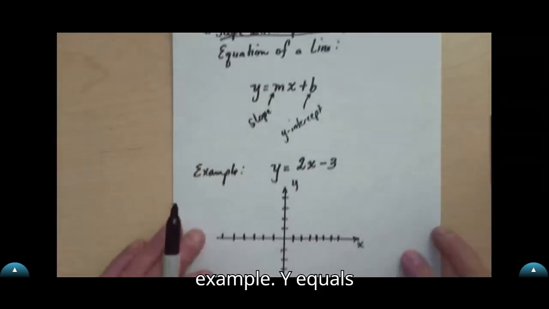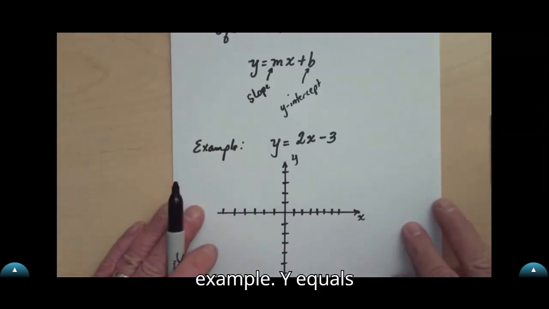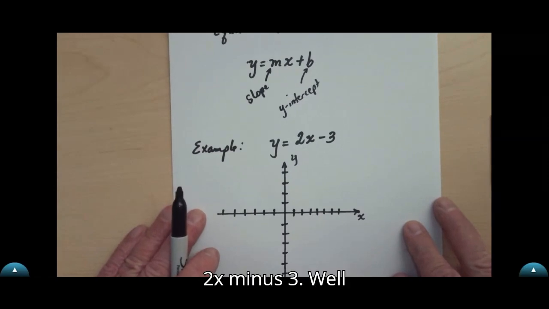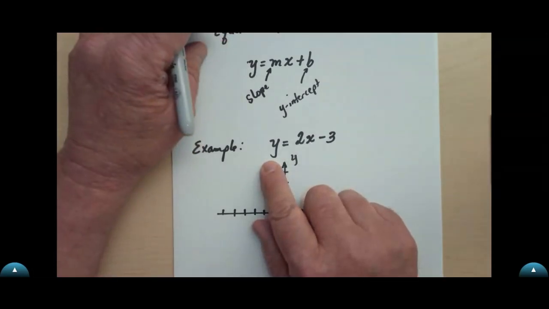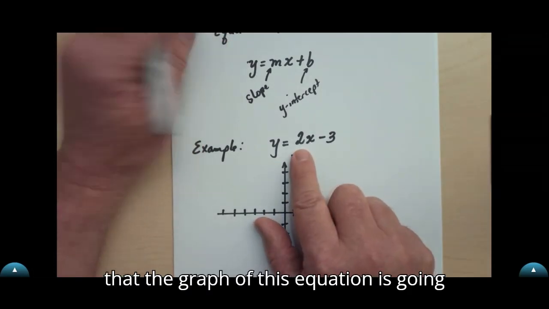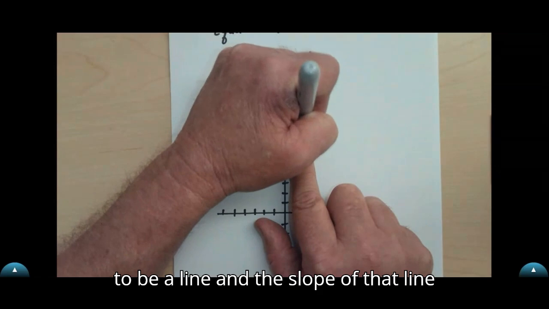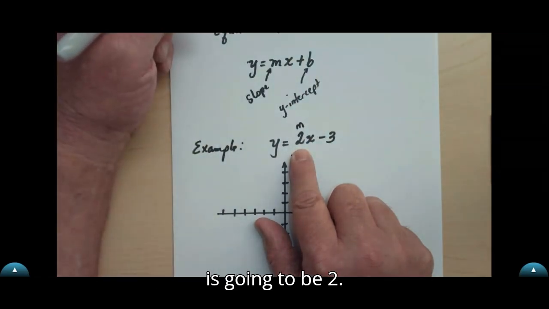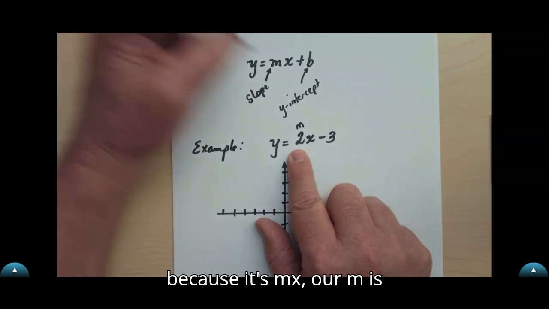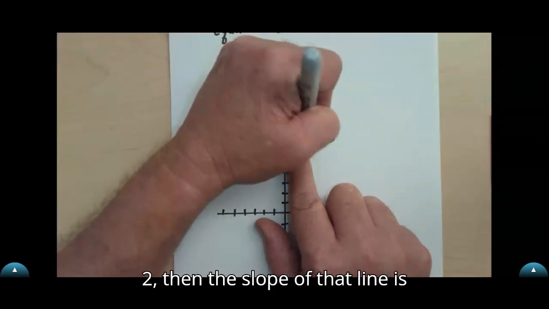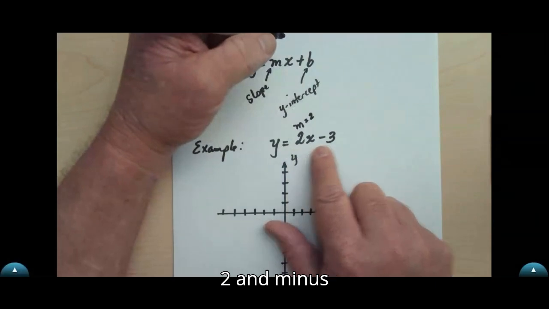So, okay, here's an example. Y equals 2x minus 3. Well, then right away you should be able to see that the graph of this equation is going to be a line, and the slope of that line is going to be 2. Because it's mx, our m is 2, then the slope of that line is 2.